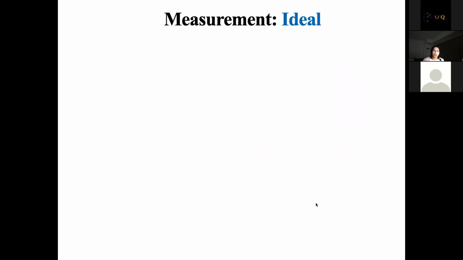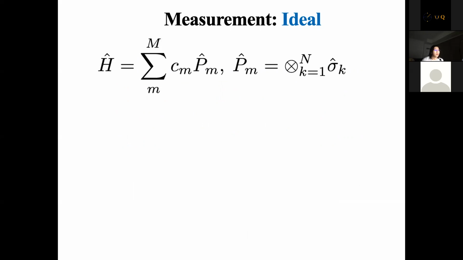So let's look at the ideal case of measurement. Say we want to measure the Hamiltonian at once, what can we do? Your Hamiltonian, like before, will just be a linear combination of these Pauli matrices, X, Y, Z, with some coefficients.